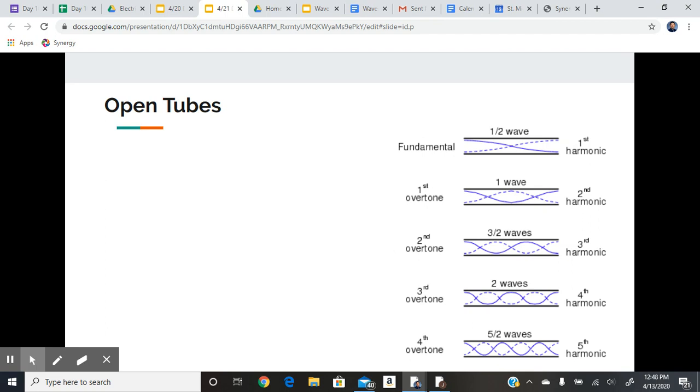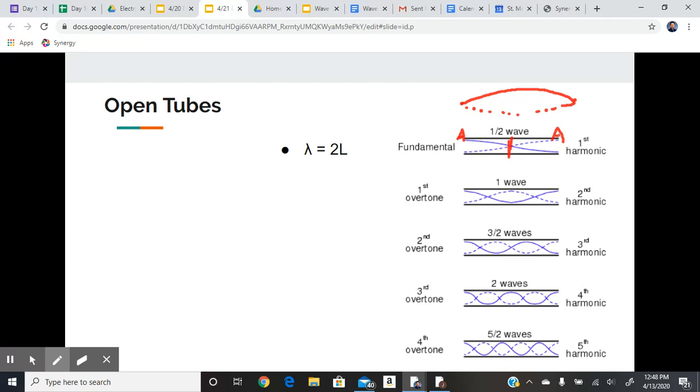Okay, so when we had a standing wave on a string for the fundamental, we had a wave that looked something like this, where we had one big antinode in the middle, 2 nodes on the ends here. Well, when we're talking about a wave going through an open tube, the only difference is now we are going to have a node right in the middle there, and our 2 antinodes are going to be on the ends.